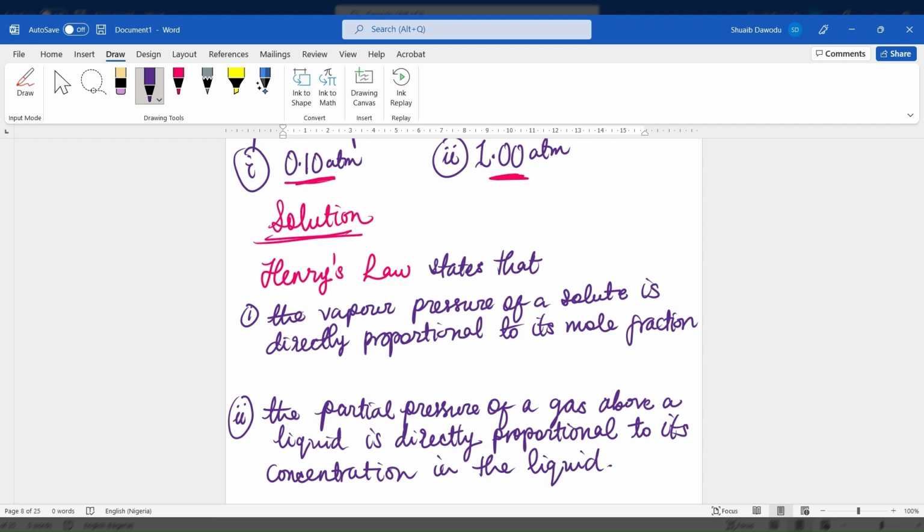So Henry's law also states that the partial pressure of a gas above a liquid is directly proportional to its concentration in the liquid. That's the second one.